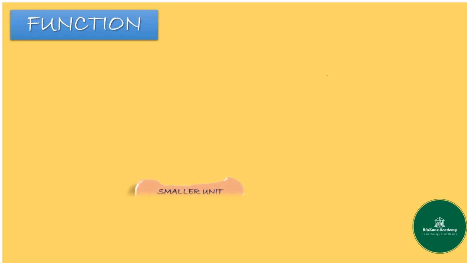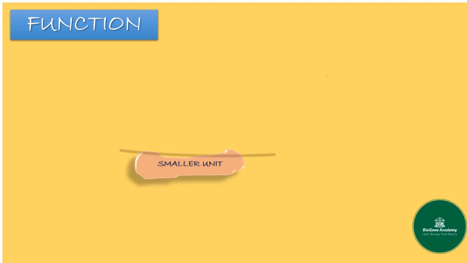Lastly, the function. Ribosomes play an important role in protein synthesis. We know that ribosomes have two subunits. First, the smaller subunit binds with the mRNA and after binding, the smaller subunit starts reading the mRNA.